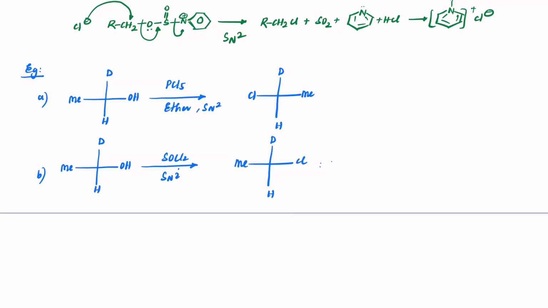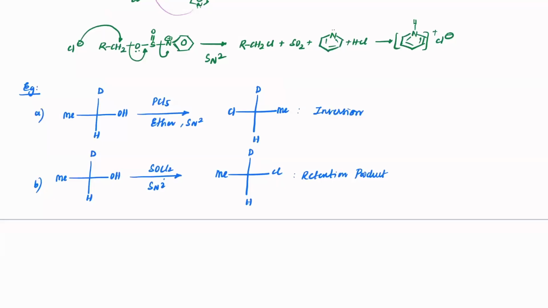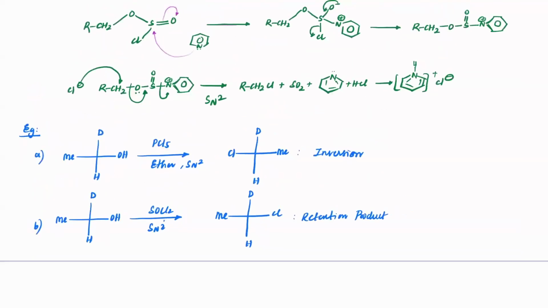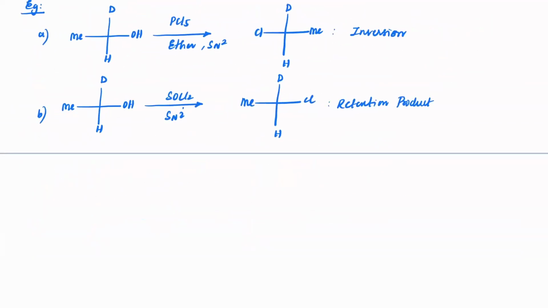So this is called a retention product because the configuration is retention, and here it is an inversion product. Okay, so one is retention, the other one is inversion.